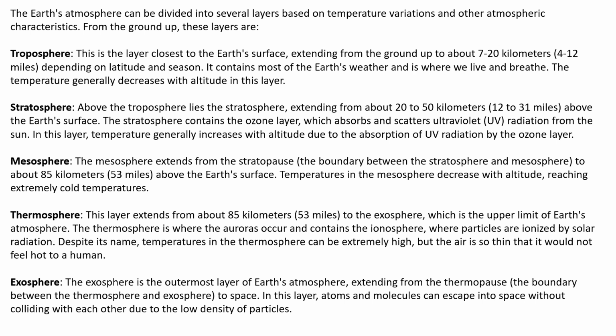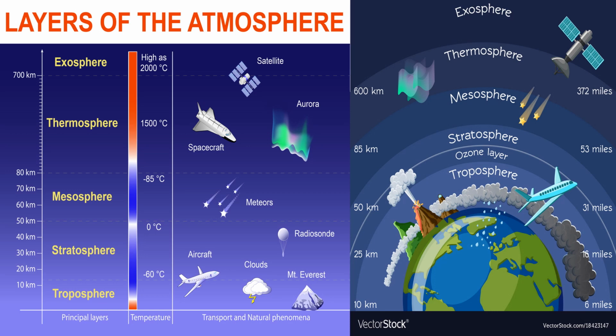In this region, the word thermo means temperature. It means that the temperatures here are extremely high, but the air is so thin that a human would not feel hot.